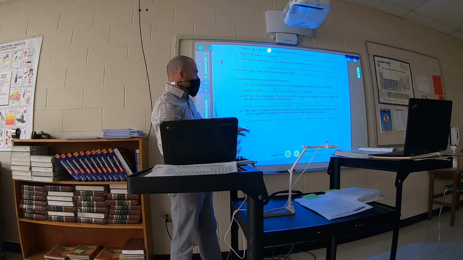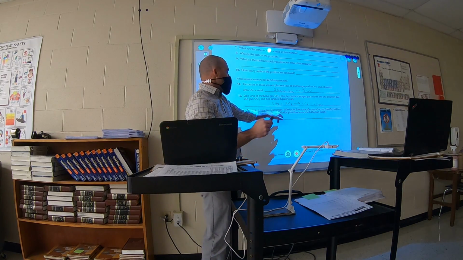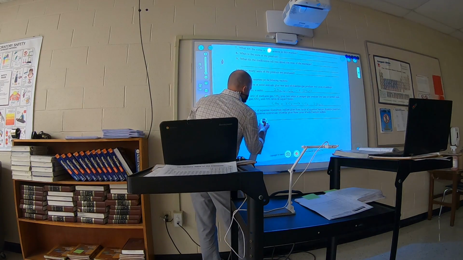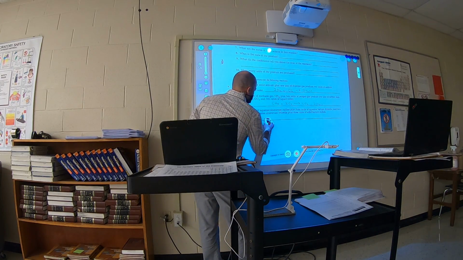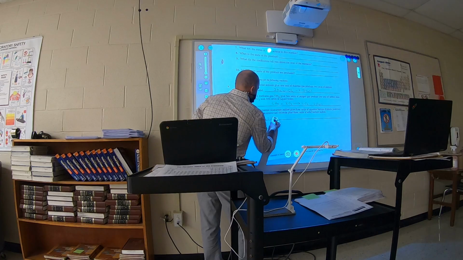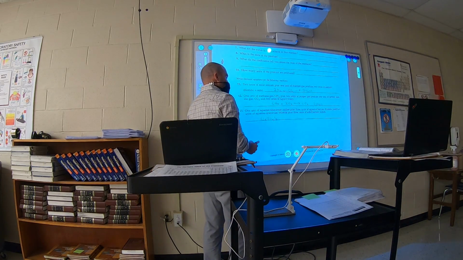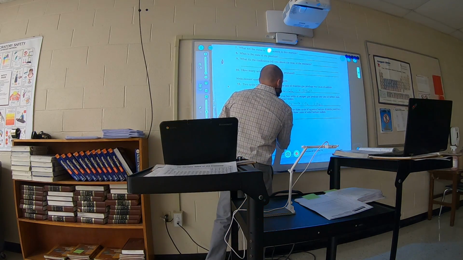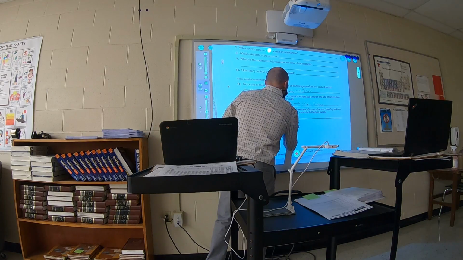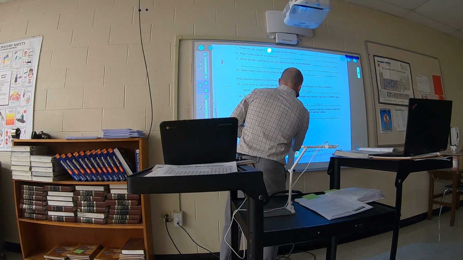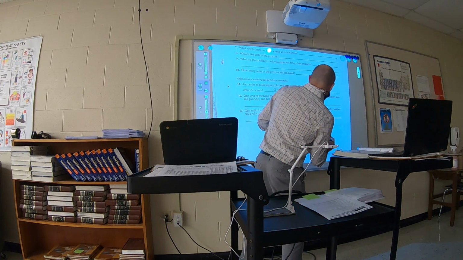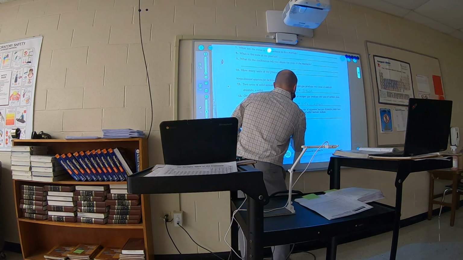Number 13, 1 unit of aqueous, that just means dissolved in water, aluminum sulfate, which I think I said was Al2(SO4)3, plus 3 units of barium chloride, 3 BaCl2.